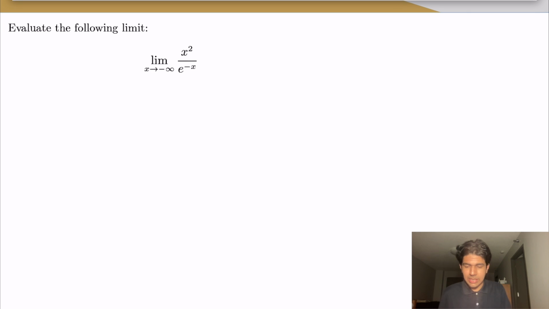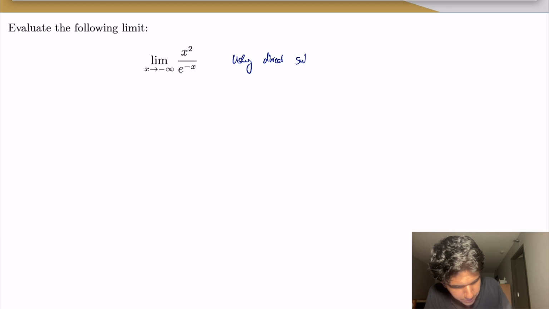So the first question is asking us to evaluate the limit as x approaches negative infinity of x squared over e to the negative x. We can try using direct substitution here, and let's see what we get. Well, we have negative infinity squared on the numerator, and then e to the negative infinity.